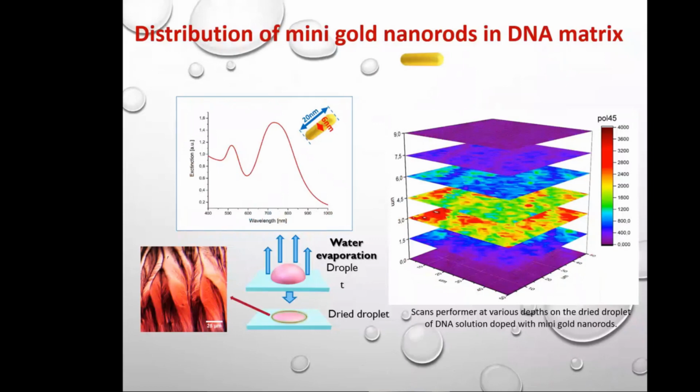When we doped the DNA hexagonal phase with gold mini nanorods, and we used 750 nanometers light for observations, you could see the luminescence coming out of these nanorods, mostly from inside of the liquid crystal cell.